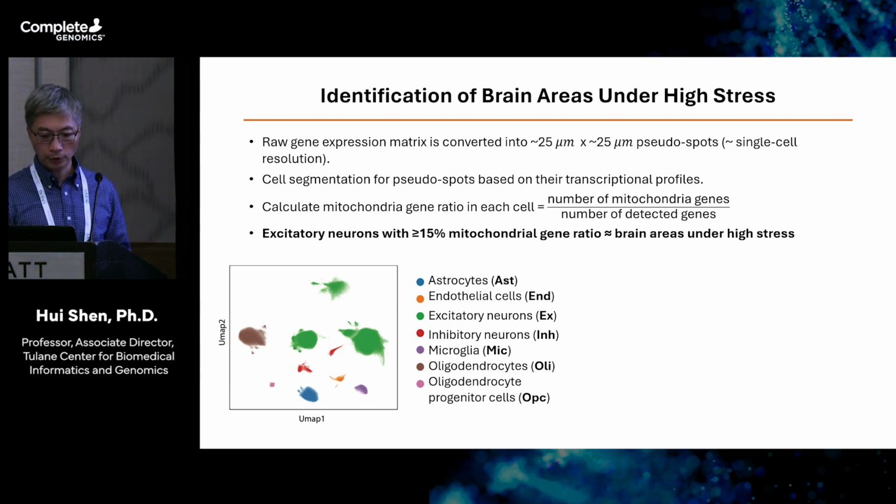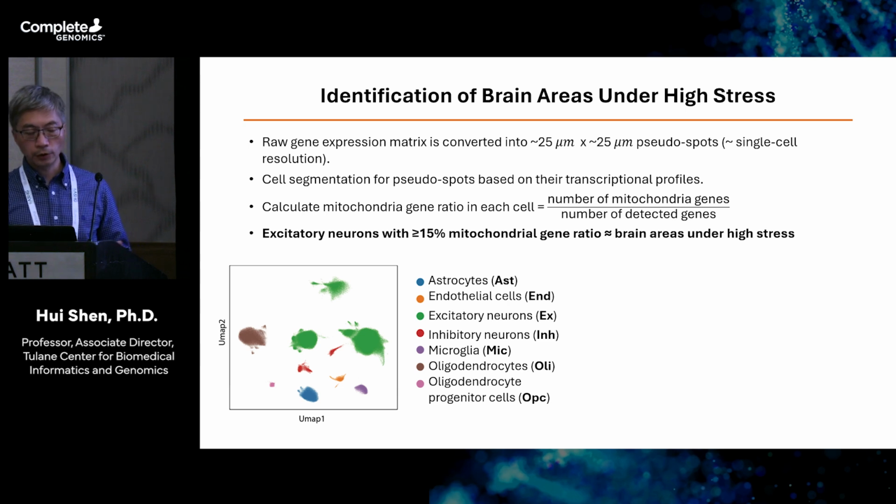These are shown here as a UMAP. There are different cell types, such as the astrocyte, endothelial cell, excitatory neuron, and the inhibitory neuron. Then we can calculate the mitochondrial gene ratio in each cell. Basically, that's the number of mitochondrial genes over the total number of detected genes.